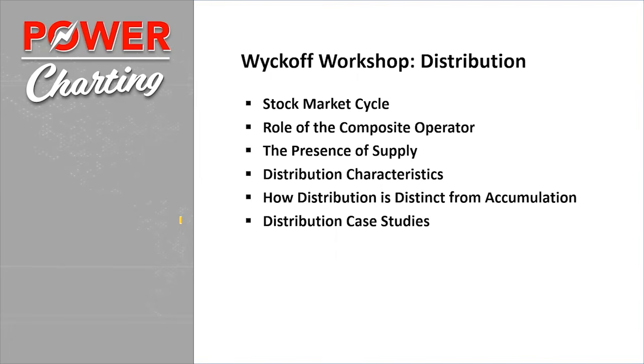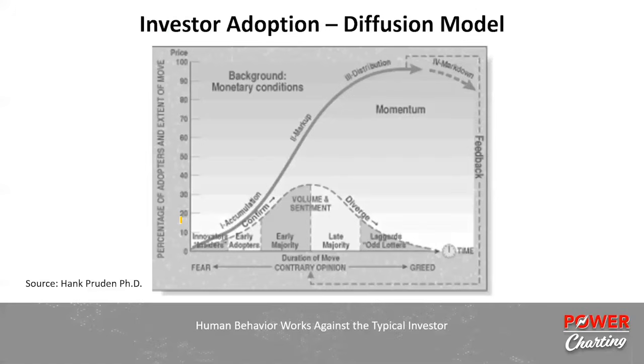We'll also cover how distribution is distinct from accumulation, because they seem to have some similarities, sort of in reverse, upside down to each other, but they are distinctly different. And then we will be doing distribution case studies as we go along. These are historic case studies, and in future videos we'll be doing more of this in real time.